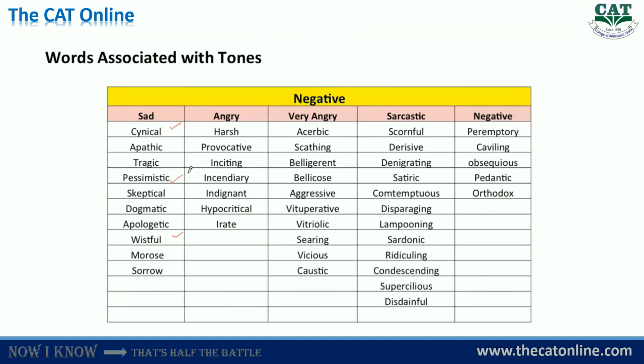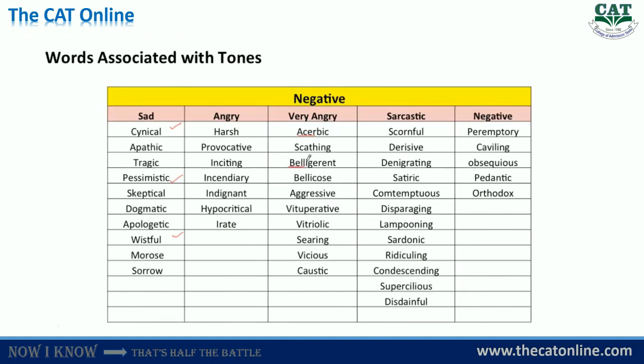Then we may have tones that are very, very angry, that show that a person is really angry. For example, acerbic. Acerbic comes from acer, which means acid, right? So acerbic is a bitter tone, wherein if you encounter a text where two people are talking and one is literally disrespecting the other, he's abusing, so he's being acerbic. Likewise, we have belligerent. Bell means war.